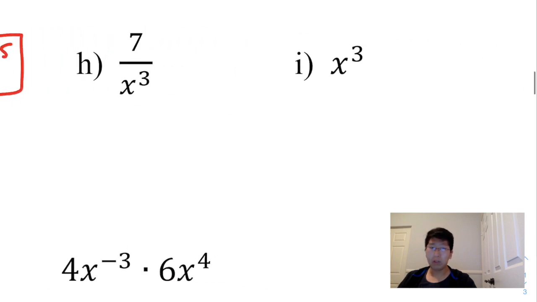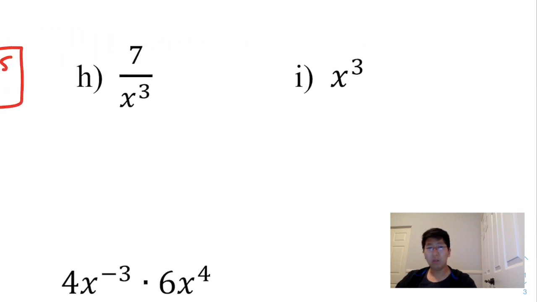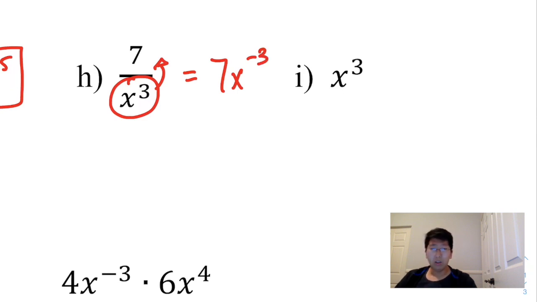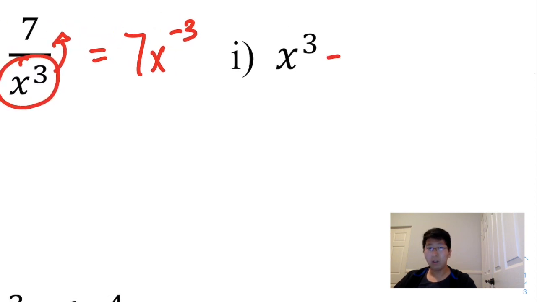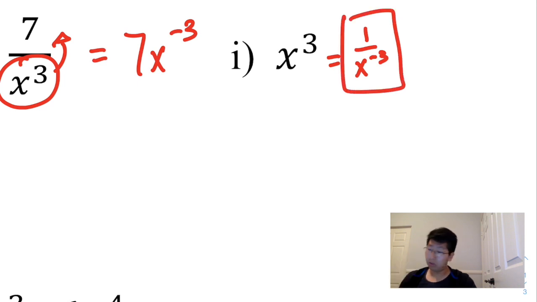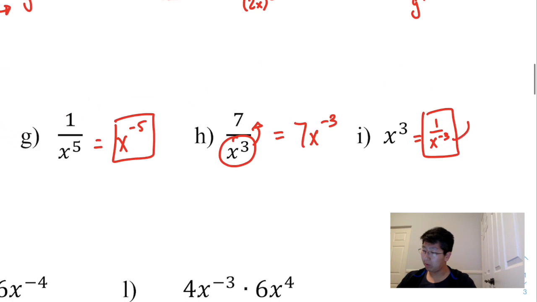And this one, we have 7 on the top, but x to the 3rd on the bottom. So that x to the 3rd gets a little bit tricky, but that's going to come up to the top. And it's going to be 7 x to the negative 3rd. And this last one's a little bit confusing because this actually equals 1 over x to the negative 3rd. That's what it originally looks like. What happened was it came up to the top and changed the sign. Okay.